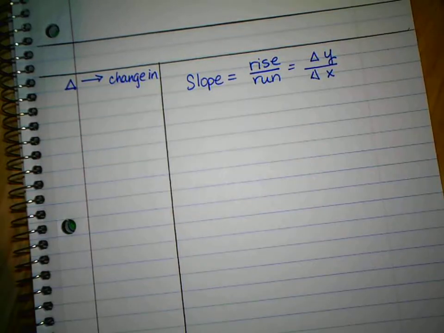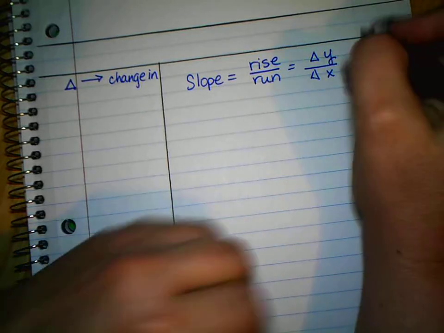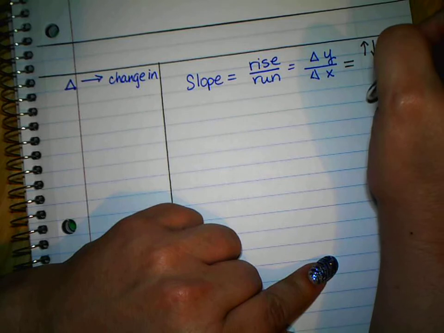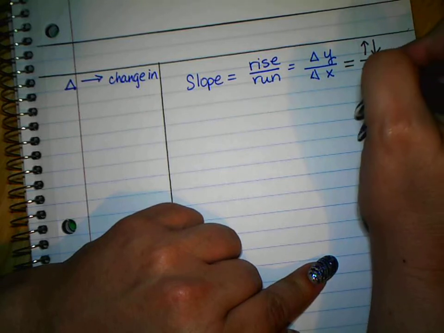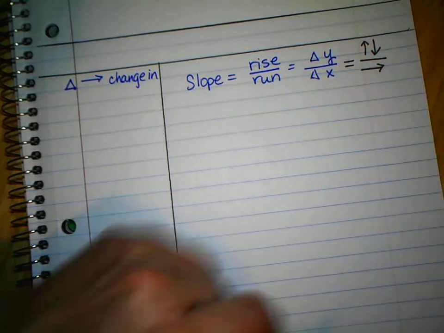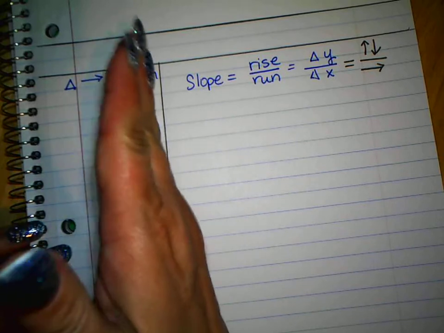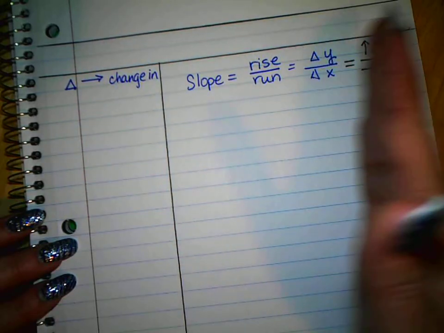Now Ms. Tutt also has a definition for this. It is how far up or down you go over how far to the right. Because I always connect slope to how we read. And we read from the left-hand side to the right-hand side.